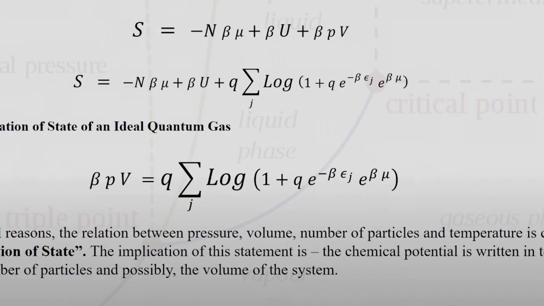At x equal to 0, this becomes 0, so that is not a problem. But what happens at x equal to infinity? Firstly, q is plus 1 here. So now we have to evaluate what happens at x equal to infinity. Okay, let's do this.